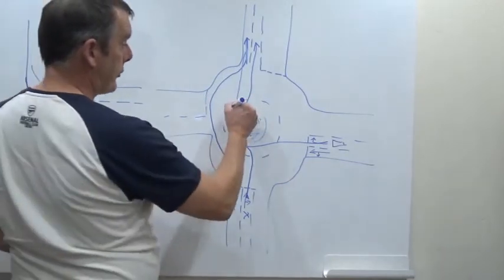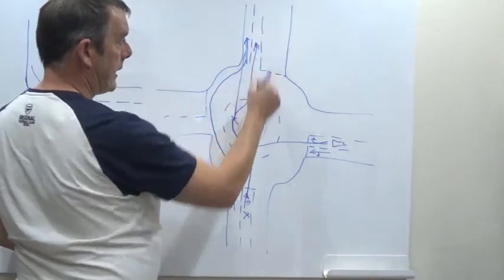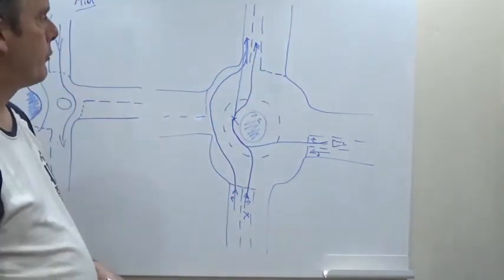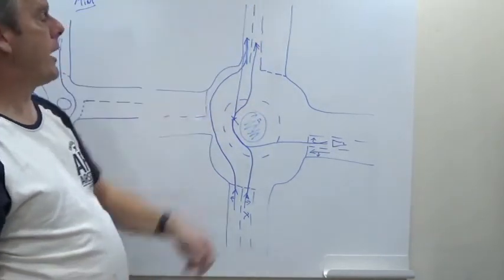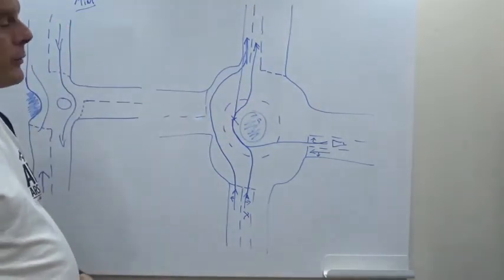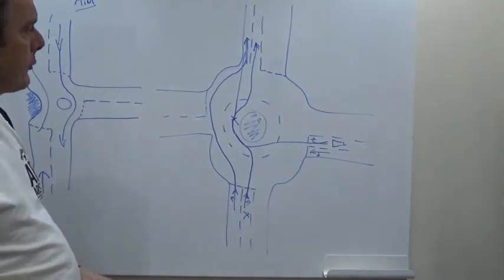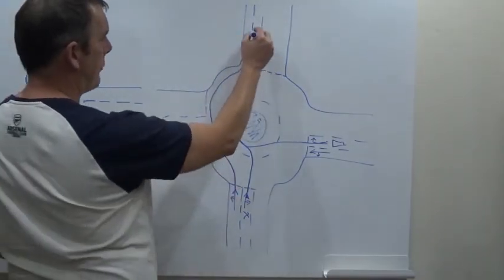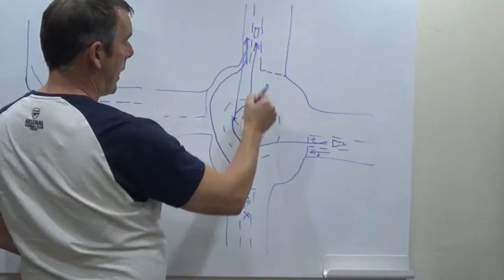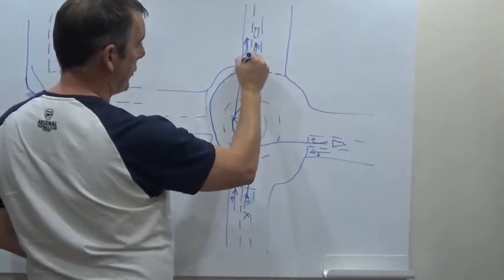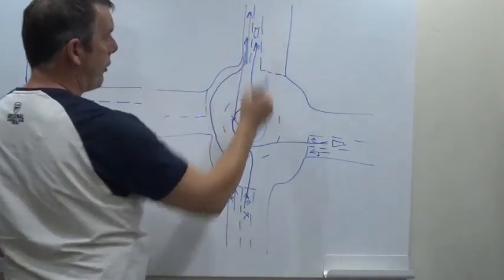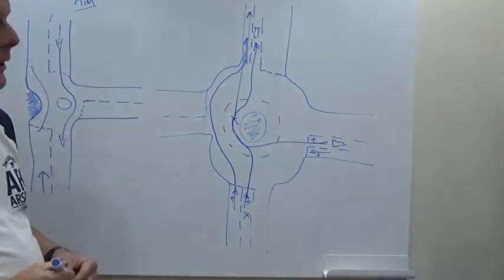Where we might decide to come off in the right-hand lane is, again, for the same reasons: once we're on our new road, slow moving traffic, reasons to overtake, we can make better progress. What we don't want to do is come off into the right-hand lane and then allow traffic to start undertaking us from the left-hand lane.